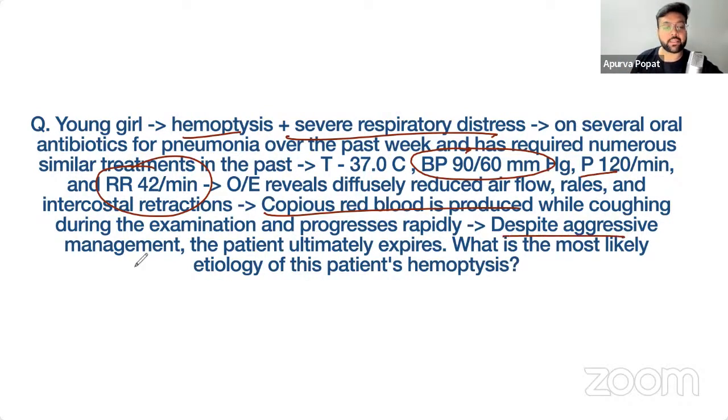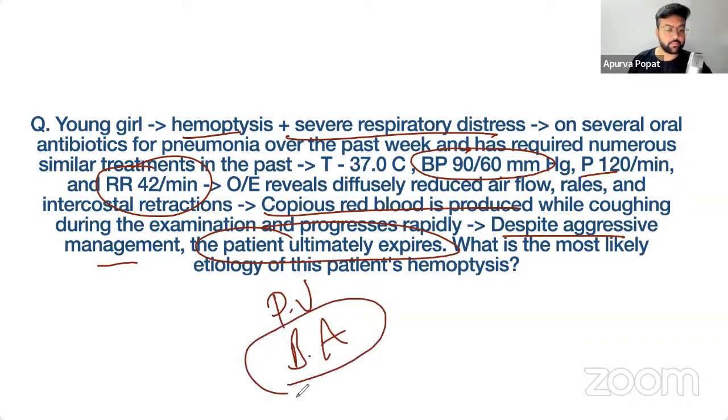Despite aggressive management, the patient ultimately dies. They are asking what the source of bleeding is. I'll give you two options: is it pulmonary veins or bronchial arteries?